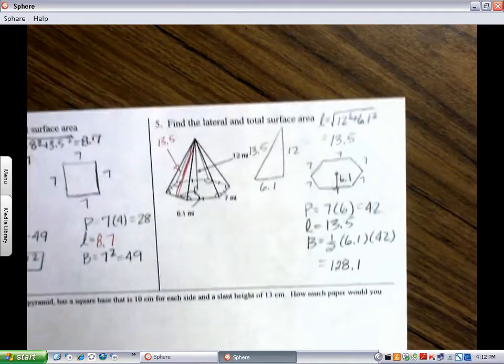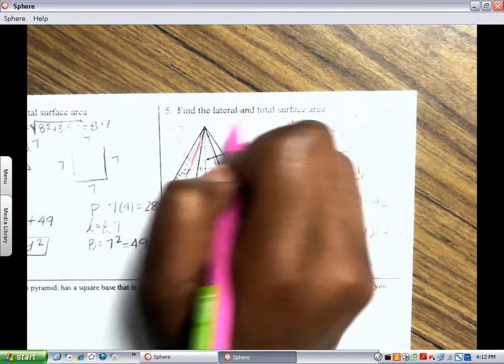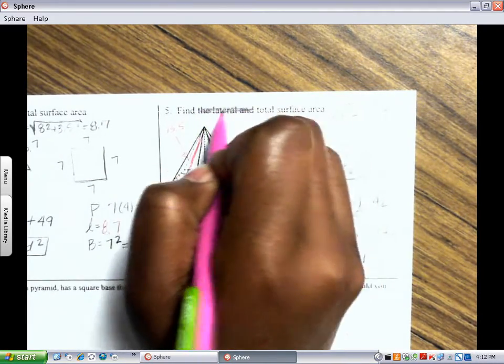Okay? So again, let's just find the total surface area. Alright, see if you can find that.